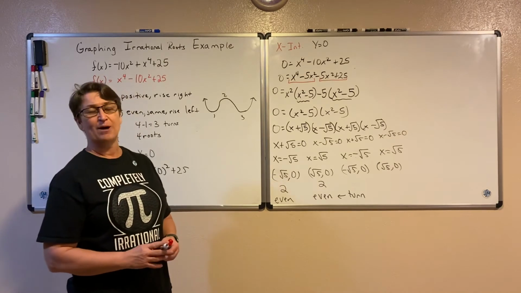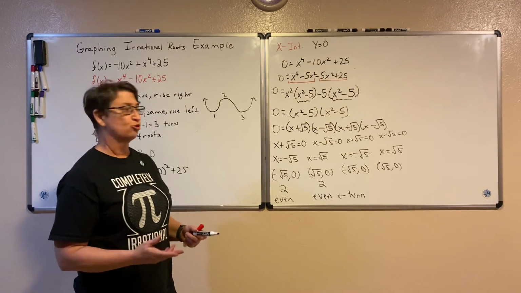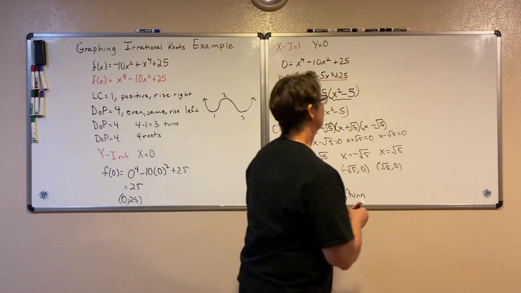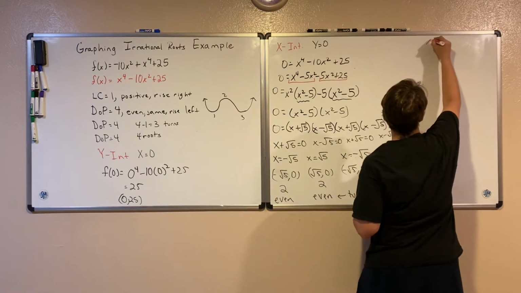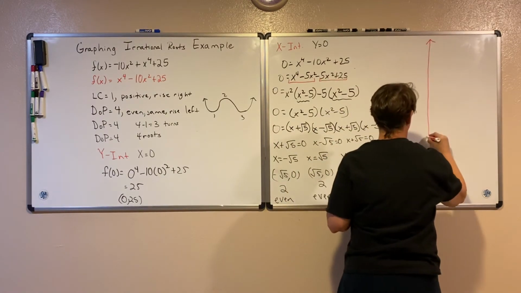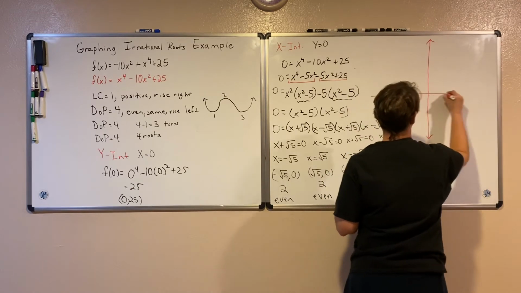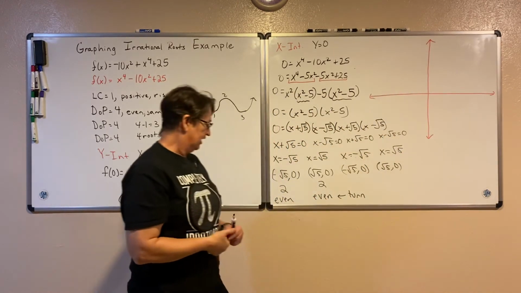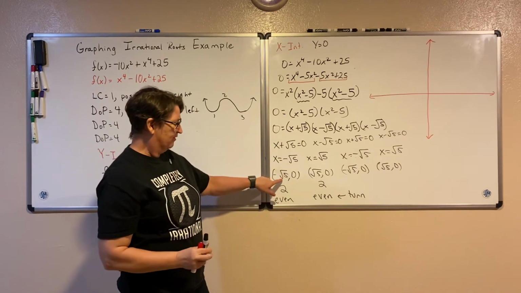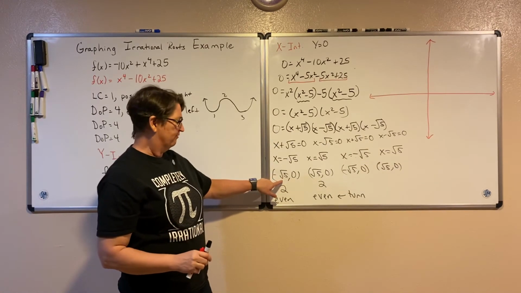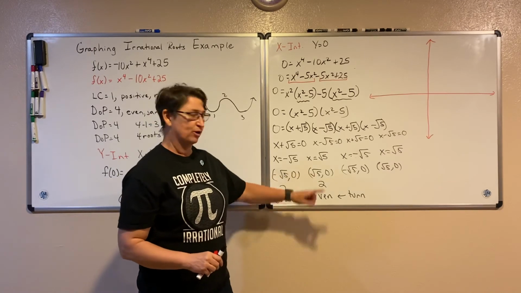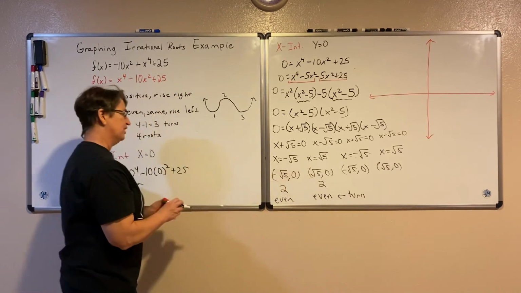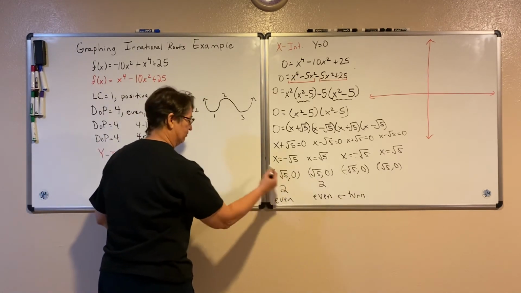Now that I've found all my pieces, I'm now going to graph this function. So here on a coordinate plane, I'm going to graph this function. Let's start by graphing these irrational roots of negative square root of 5 and square root of 5. In a previous video, we looked at how we could approximate those.